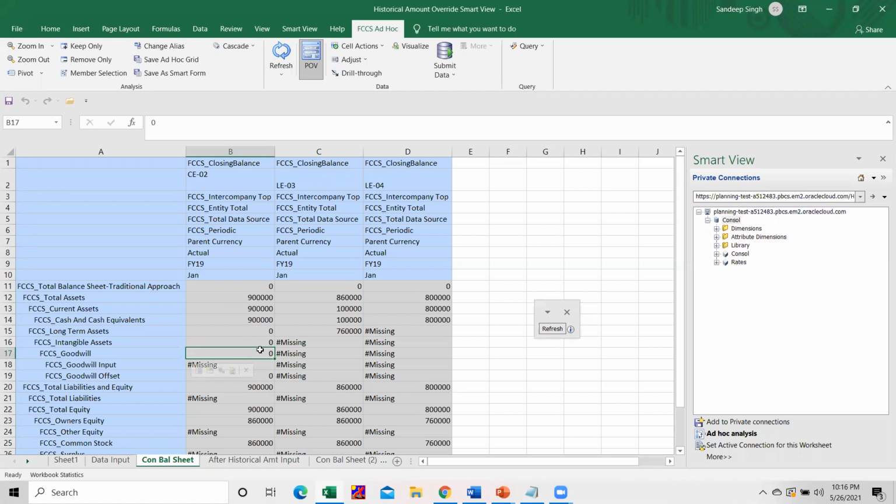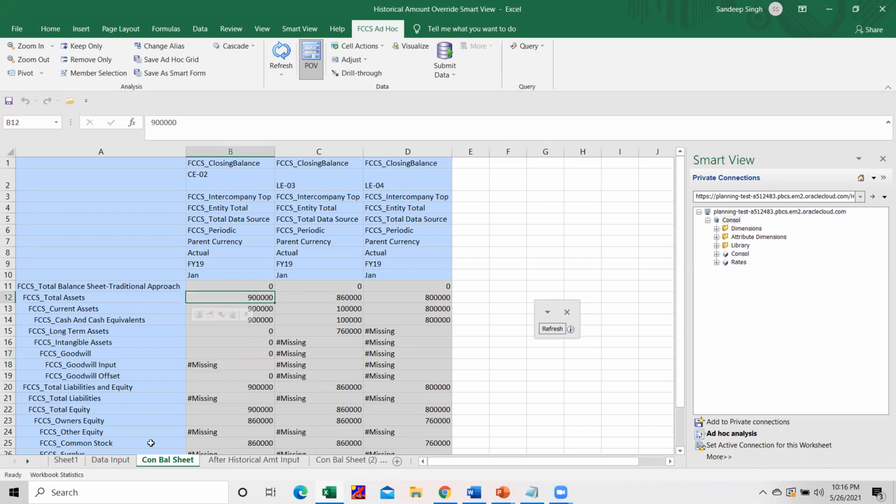The application gives priority to the historical rate over the ending exchange rate and average exchange rate for historical accounts. So the system will pick up the historical rate for the historical account. Common stock is my historical account. Therefore, we have defined the historical rate in the application, and now we are getting the correct picture.